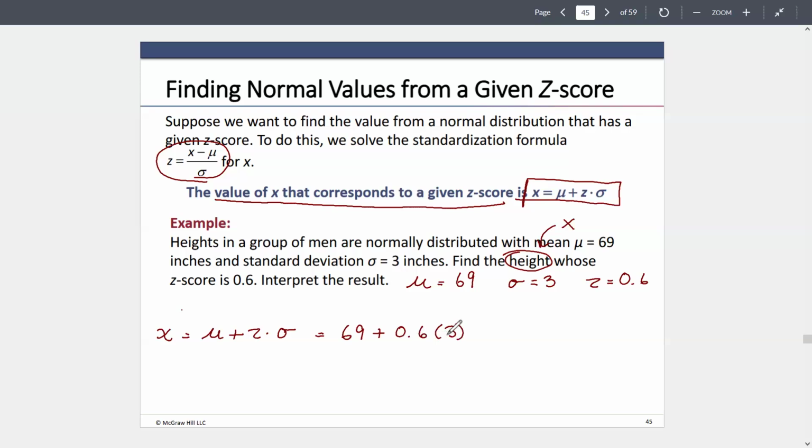I'm adding 0.6 standard deviations to my mean to find this person's height. We should end up with 70.8. So 70.8 inches is associated with a z-score of 0.6.